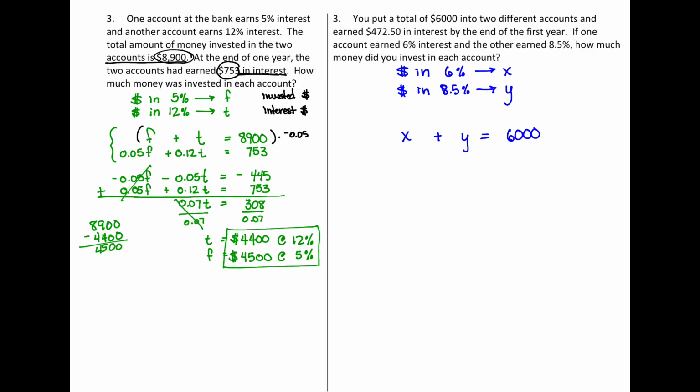And now the interest that I earned is going to be 6% for the X account and 8.5% for the Y account. And I ended up earning $472.50.